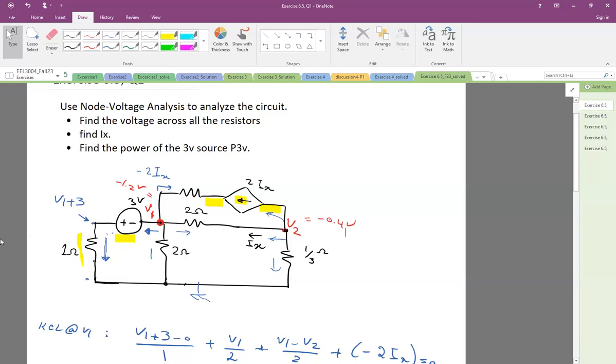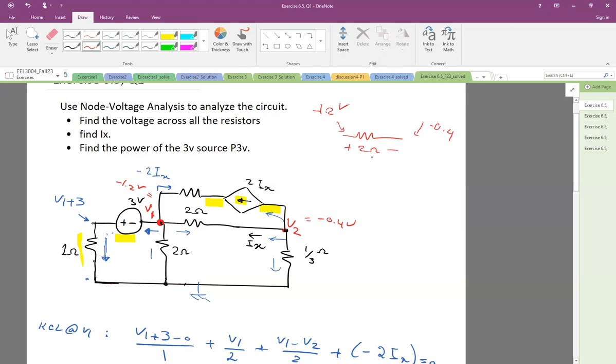Okay, so I'll do some of them, not all of them. Let's look at, for example, this 2 ohm. The potential on this side is V1, negative 1.2 volt, and the potential on the other side is negative 0.4.